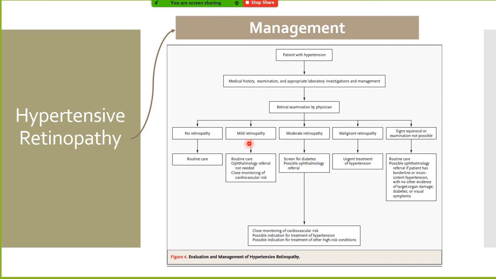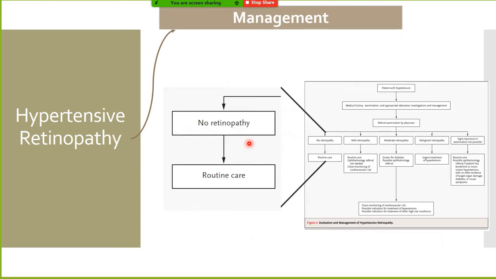Coming on to the classification, when there is no retinopathy, we should make sure the patient is undergoing regular checkups, so there should be routine care.